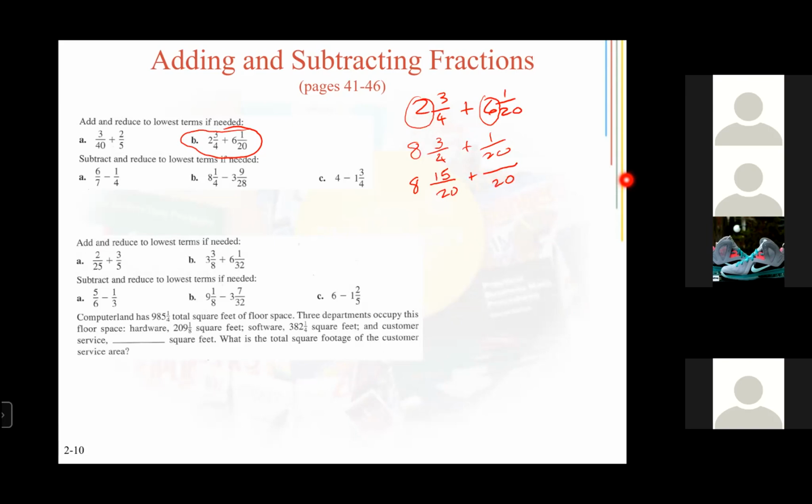And of course, the second one was already out of 20, so you just put 1 over 20. So your answer then would be 8 and 16 over 20. And that 16 over 20 could be reduced to 8 and 4 over 5.